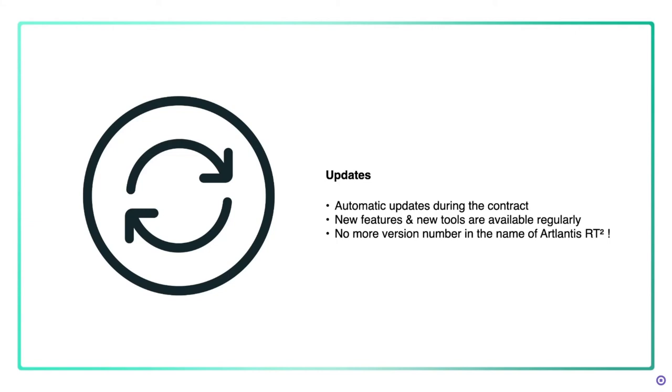The enhancement of Artlantis RT will happen through these smaller releases, which will be launched at short time frames, which means that even the name Artlantis RT doesn't contain a version number, and this is the reason why.